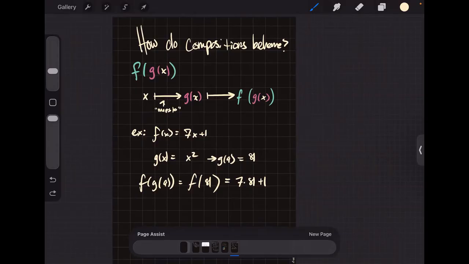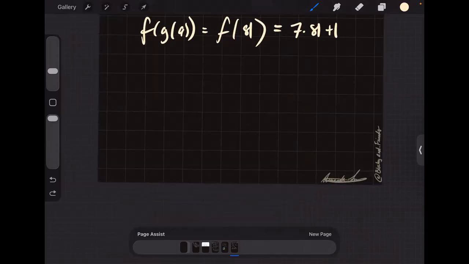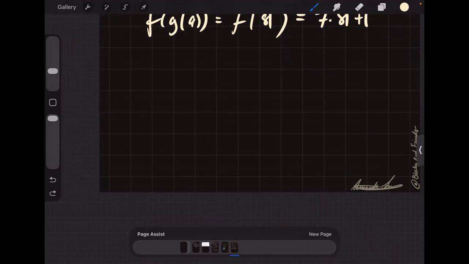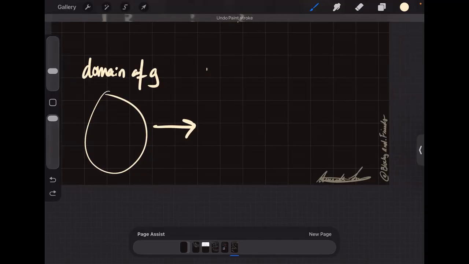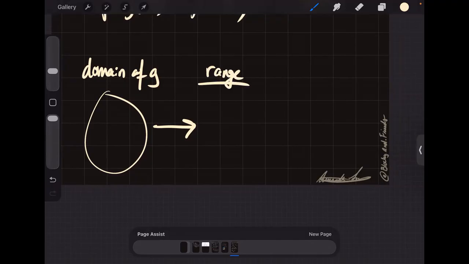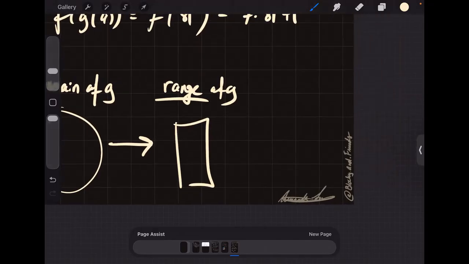All right. The reason why this is particularly interesting is because what it does is it takes, intuitively, the domain of g, and it sends it to the image, or as what we call it, the range, not codomain, range of g, which now is going to behave as the new domain of f.